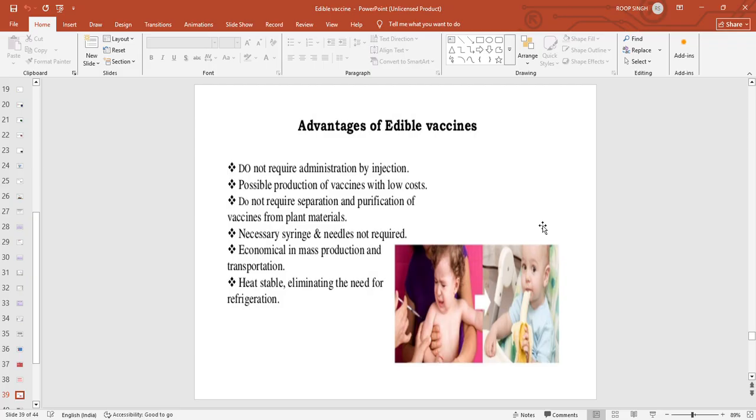Syringes and needles are not required. It is economical in mass production and transportation. The best part of the edible vaccine is that it can be produced in very large amounts and then easily transported because they are highly heat stable and cold storage is not required.